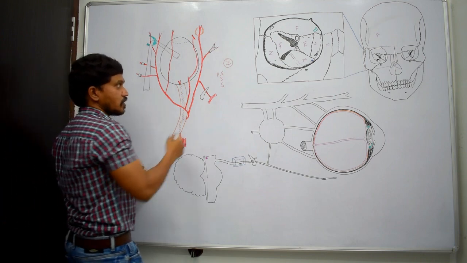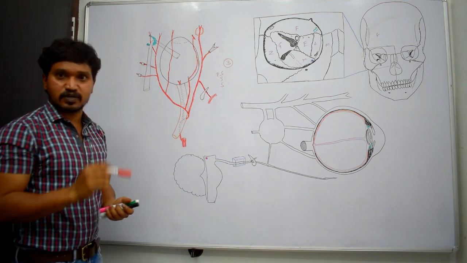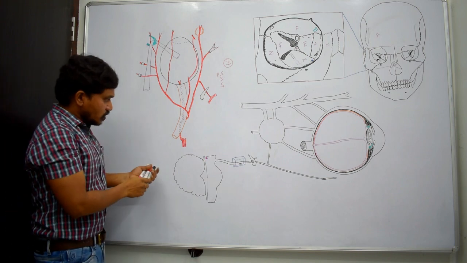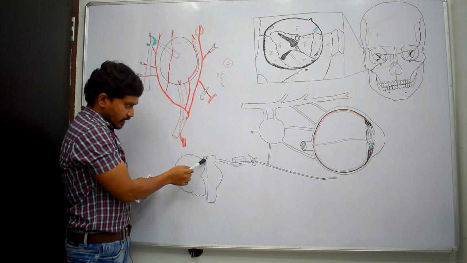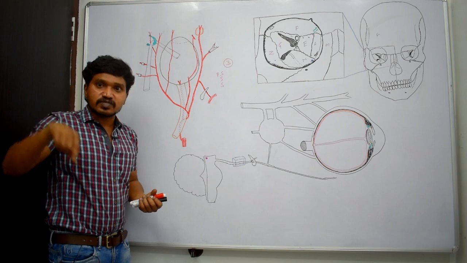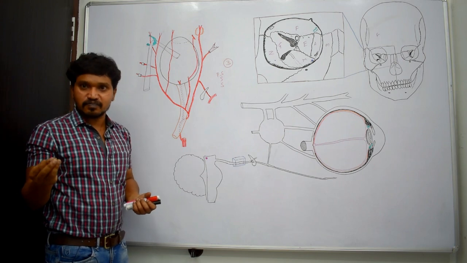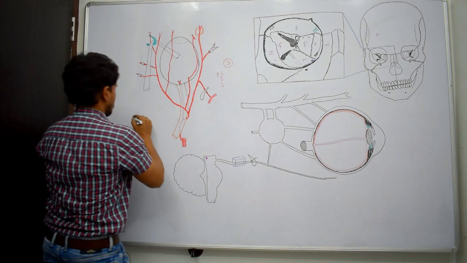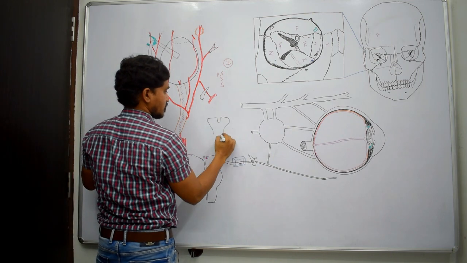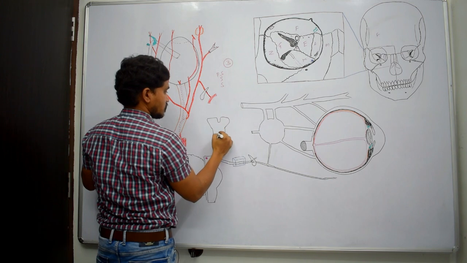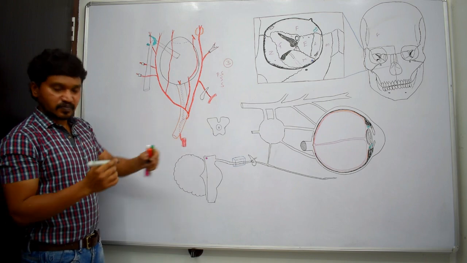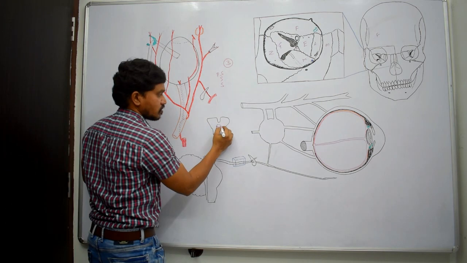First, take the parasympathetic fibers or parasympathetic motor fibers, right? So this is the midbrain. Around the aqueduct of Sylvius you can see the grey matter. At this session you don't worry about this, we will tell you in neuroanatomy. Here in the grey matter you can find nuclei.